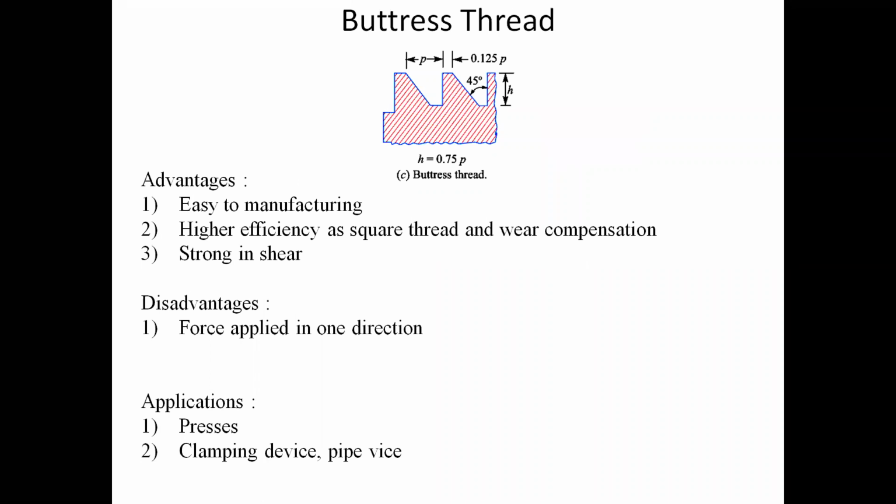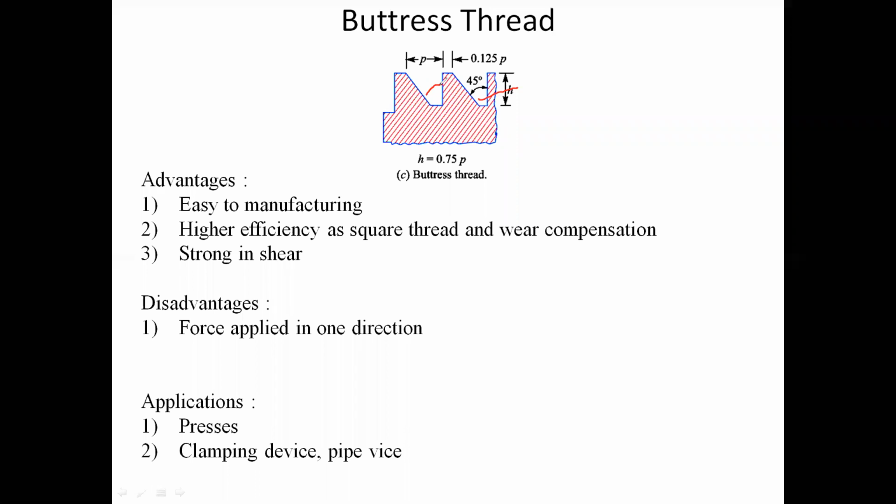The buttress thread, if you just look at this buttress thread, the including angle in buttress thread is 45 degrees. It is having 45 degrees including angle. So 45 degree including angle is again having some advantage and disadvantage.